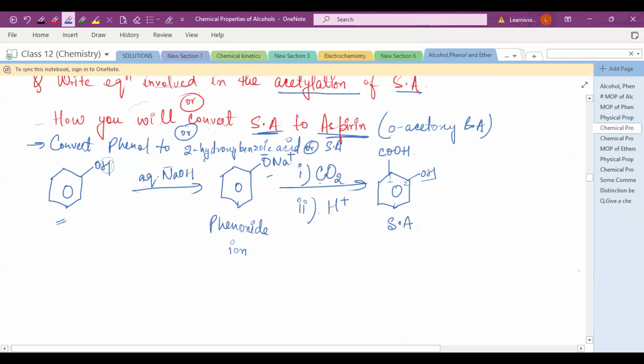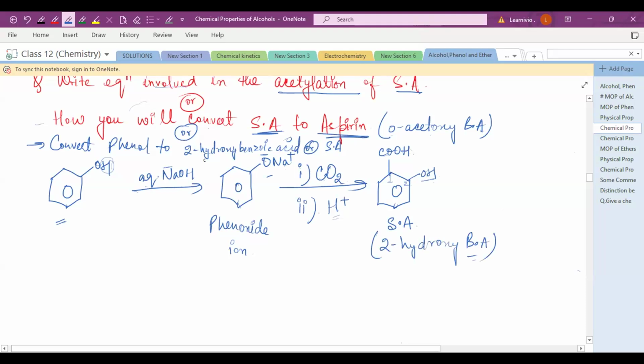So the first step is carbon dioxide, which will come and attach at this position. After that, when you do the acidification, the hydrogen comes and attaches on this negative oxygen. So that's how salicylic acid is formed. The name of salicylic acid is 2-hydroxybenzoic acid. This is your benzoic acid.